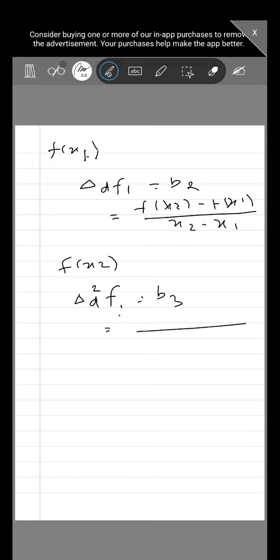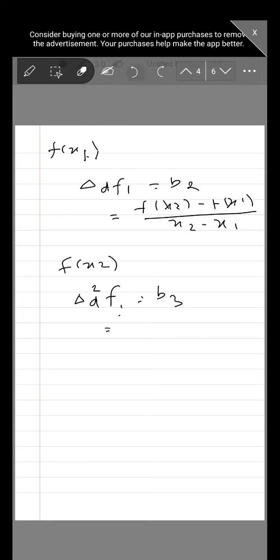It is the previous term that we have already told. So let us write this one once again. This is delta d f2 minus delta d f1 divided by x3 minus x1.